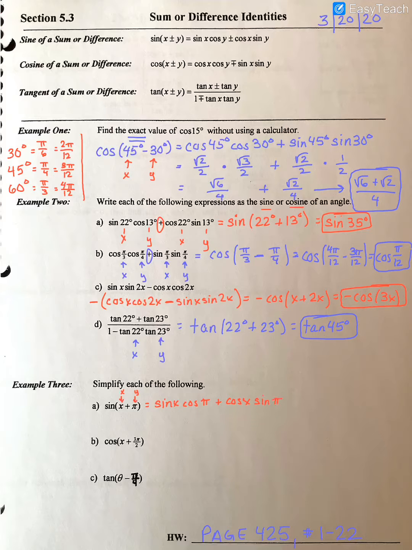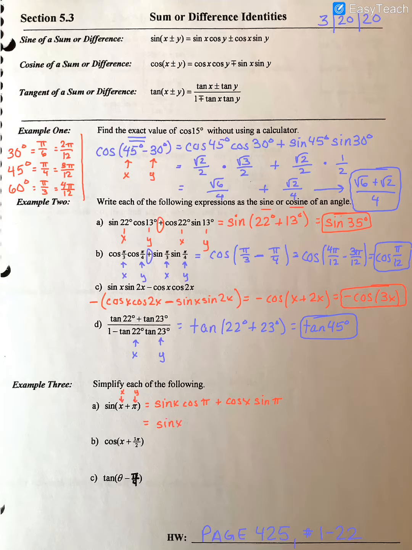Now we need to do some cleanup here because as you'll notice, x is x. There's no changing that. However, pi is a number on our unit circle. That's over by the 180 degrees. And we have values for those. So grab your unit circles and check it out.